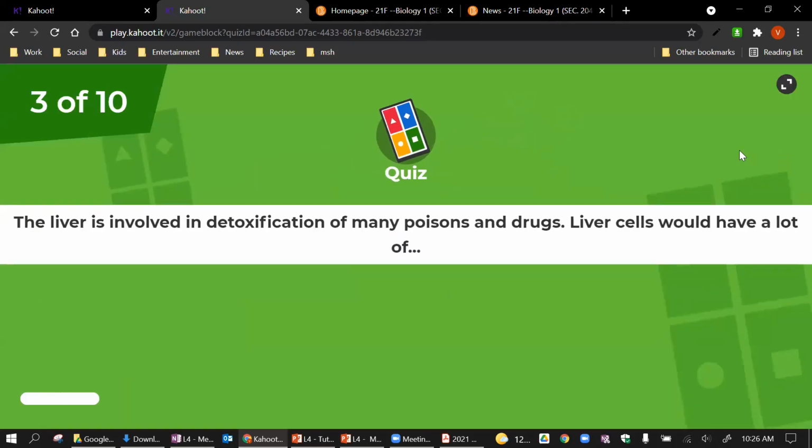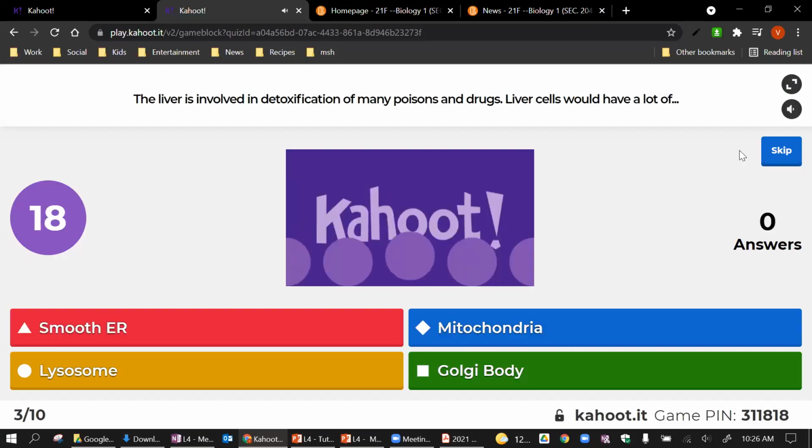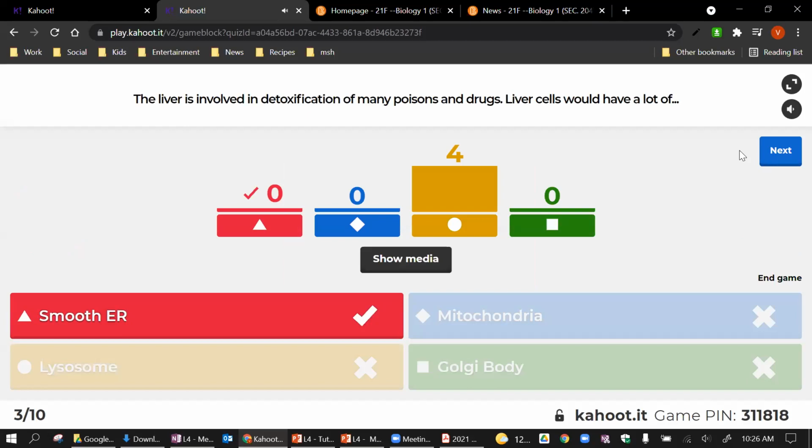Let's try number 3. Detoxification. We talked about this in the tutorial last time actually.